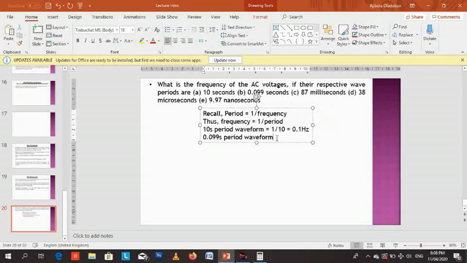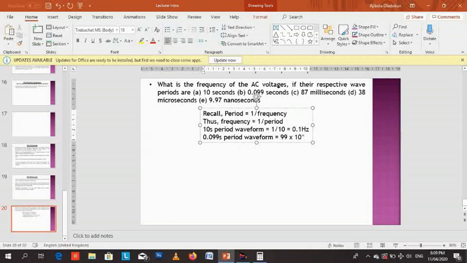A 0.099 seconds period waveform. If you have a wave that has a period of 0.099 seconds, what is the frequency? This is quite a short time for one complete cycle.